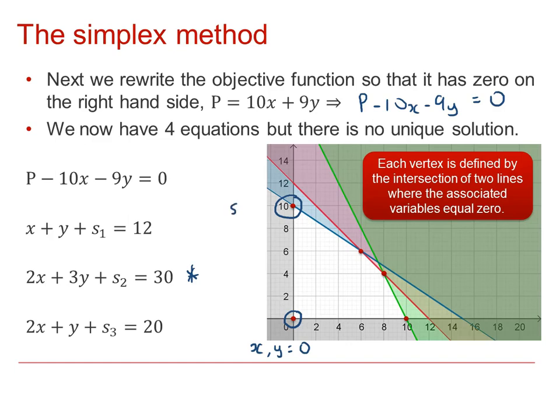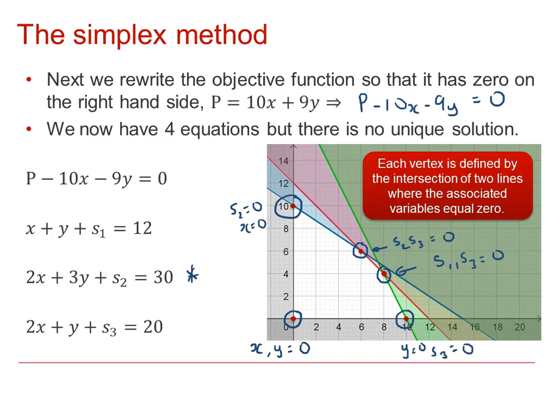So that's where S2 is equal to 0 and also x is equal to 0. Looking at this point, we have that S2 and S3 are both equal to 0. This one, we have S1 and S3. And finally, the one here where we've got y equal to 0 and also S3 equal to 0.